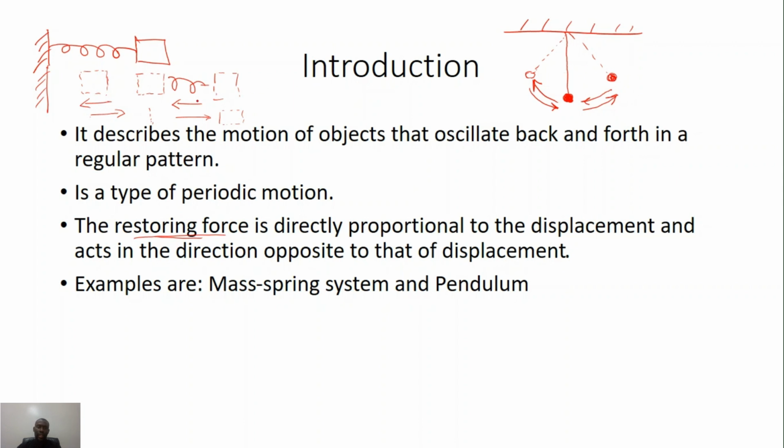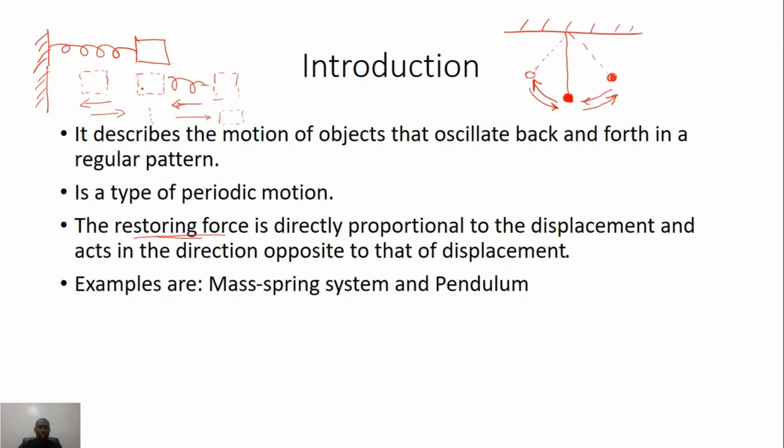Okay, like in the case of this mass spring, when the body is pulled such that the string is extended to this place, the restoring force will be the backward force that will tend to keep it back to its equilibrium position. And it is this force that drove it back to this position when the body is released.